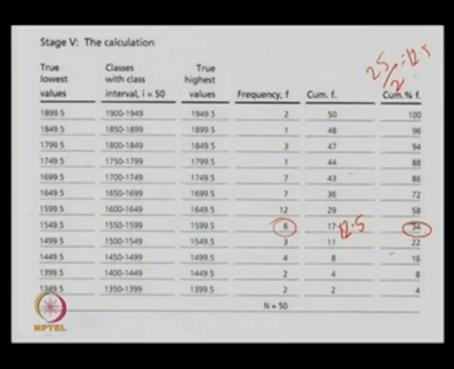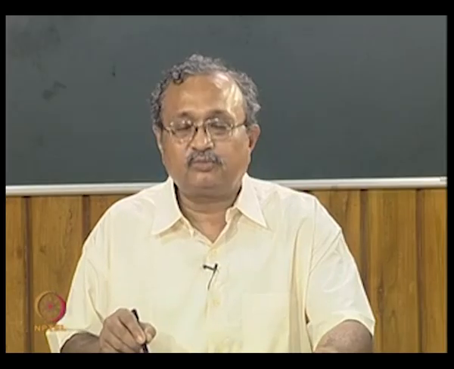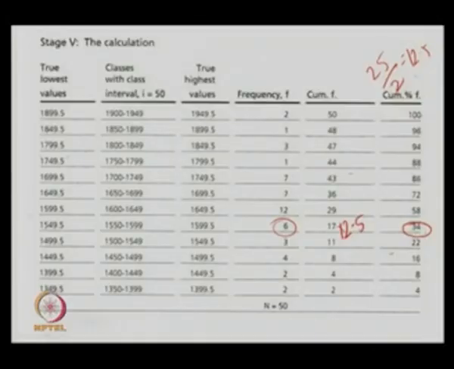So, within this 50 there are a total of 6. So, 50 by 6 for one frequency, how much it crosses, then into 1.5, where it matches here, that will be the 25th percentile value.